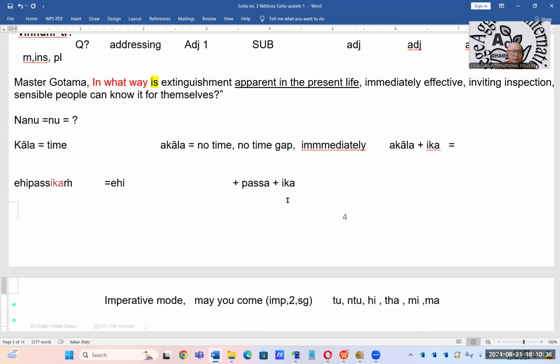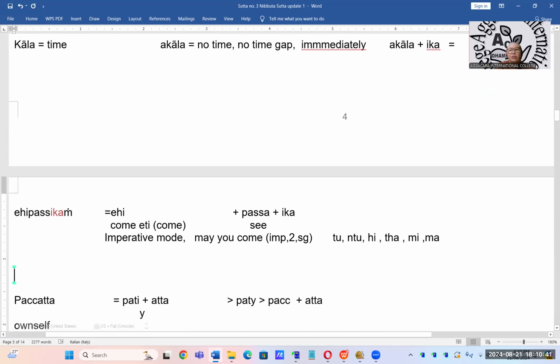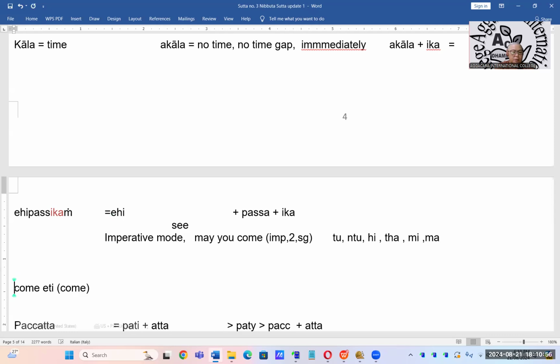If we translate directly, when you learn Pali it is good to learn word by word, and inside one word like this you can break it into many parts. So ehi is one thing, coming from the word eti. If we translate, e is come, hi is may you.